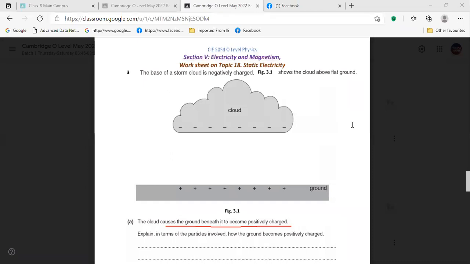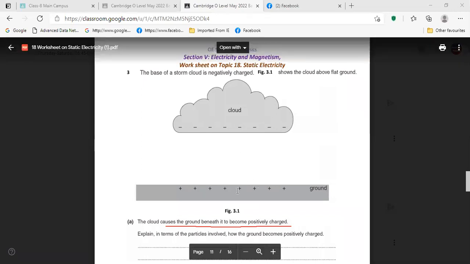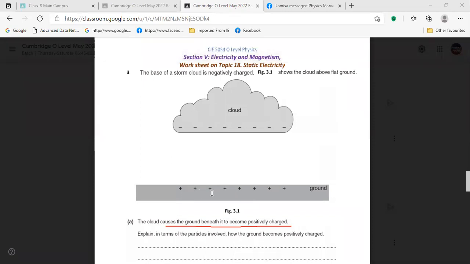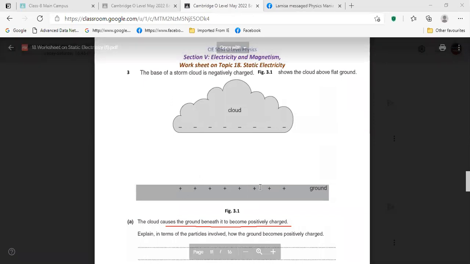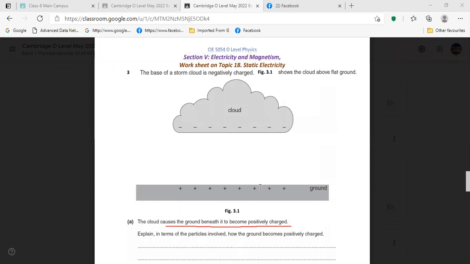We are bringing a negatively charged cloud here. The ground was neutral before. Now when these negative charges come here, electrons are repelled from the ground's upper surface, and the upper surface becomes positively charged. Is it clear?